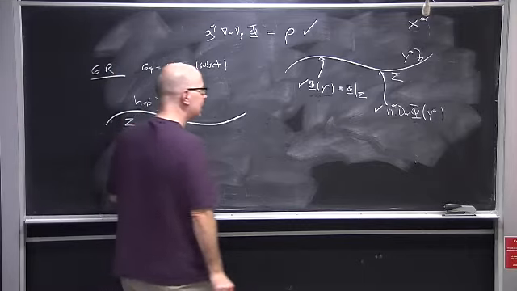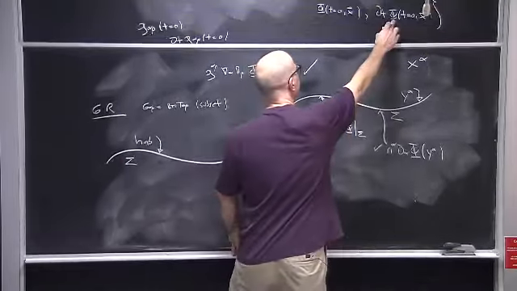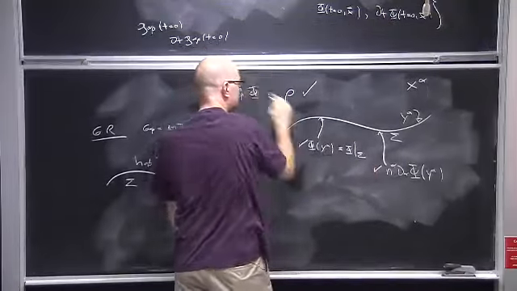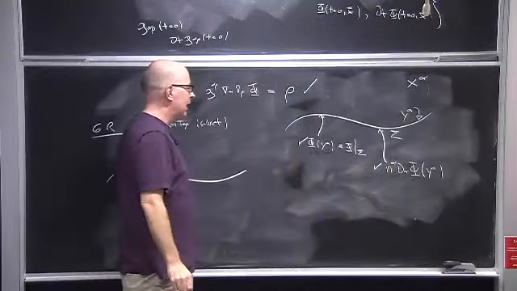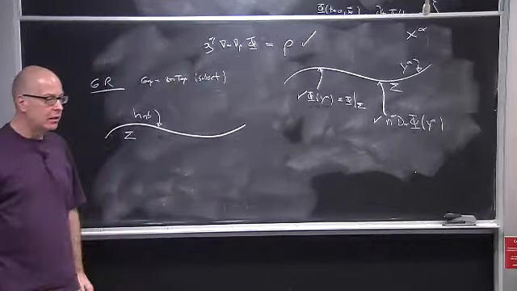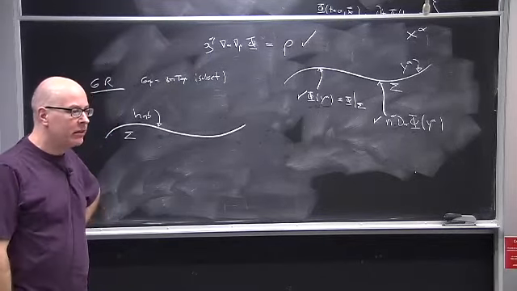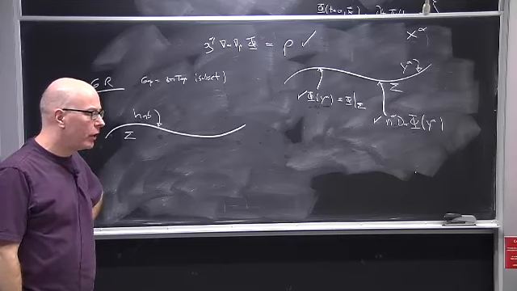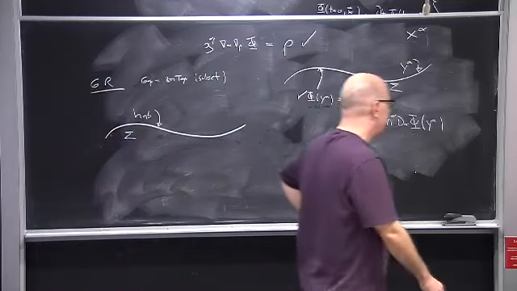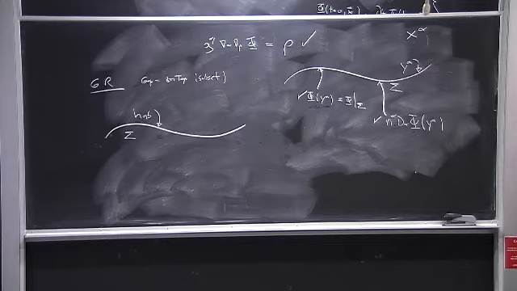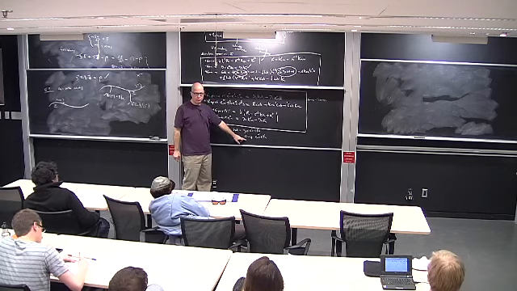And then if we want something that plays the role of either this or that, we need something that has the flavor of being the time derivative of the metric or the normal derivative of the metric. Of all the things that we've encountered this morning, the only plausible thing is the extrinsic curvature.